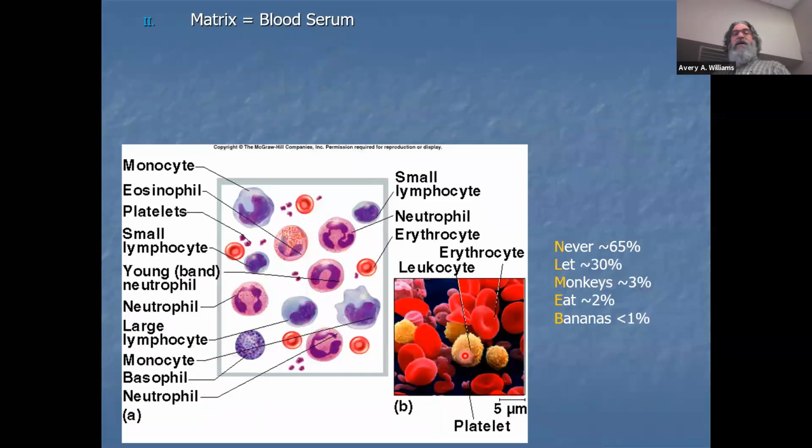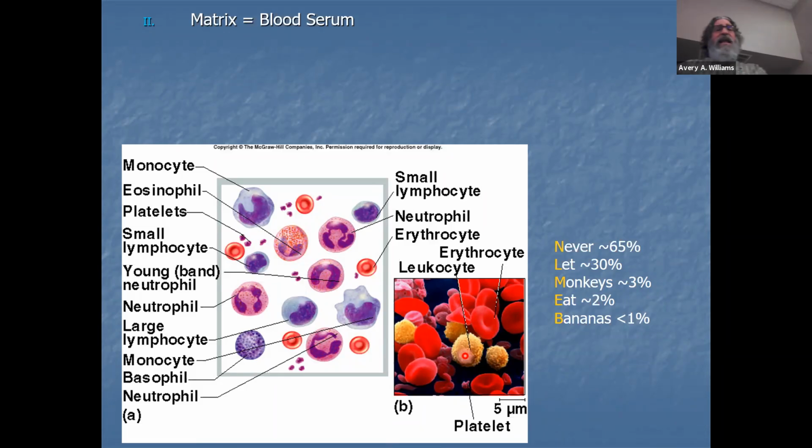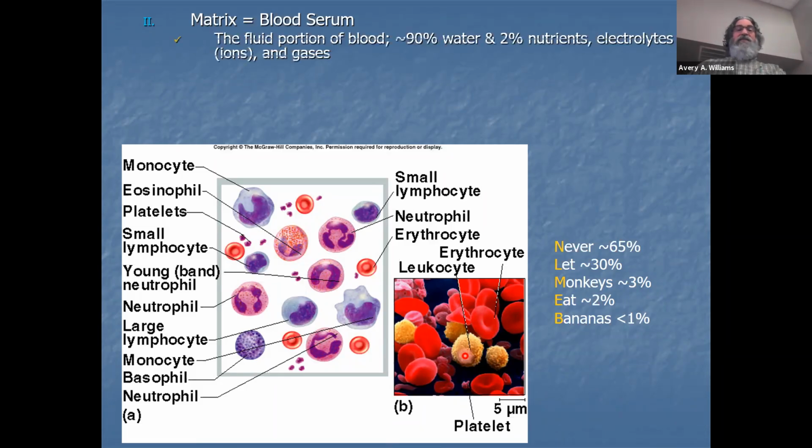So what about the matrix? Well, again, remember the matrix is liquid, all right? And so your matrix has a name. It's just called blood serum, okay? Your blood serum is the matrix. It's the fluid portion of the blood. It's mostly water. It's 90% water, 2% nutrients, electrolytes, which are ions.